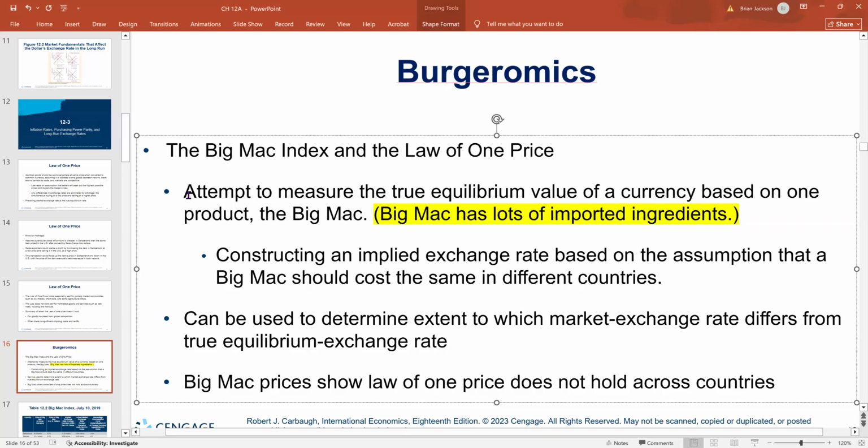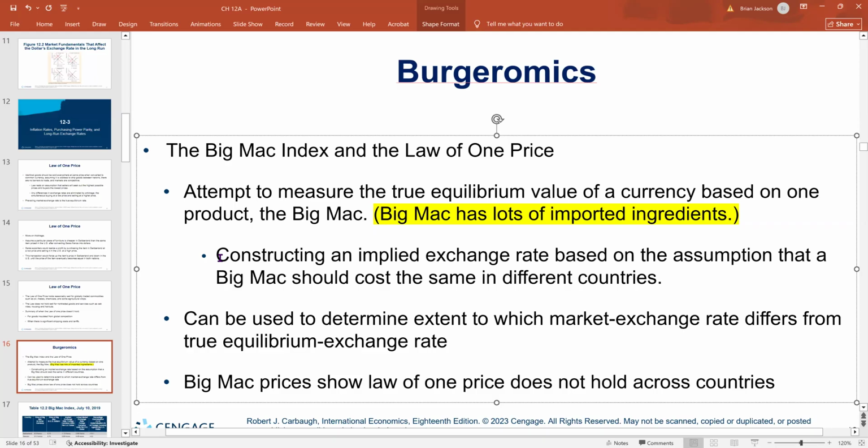So what we're going to do is attempt to measure the true equilibrium value of a currency based on one product, the Big Mac. Big Mac is an ideal good, I guess you'd say, because it has lots of imported ingredients. You might say that the Big Mac is kind of a product of the world a little bit.